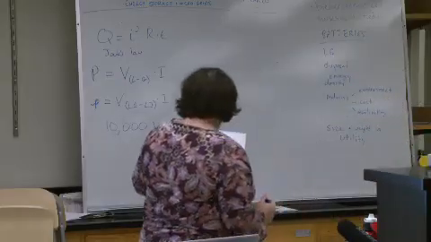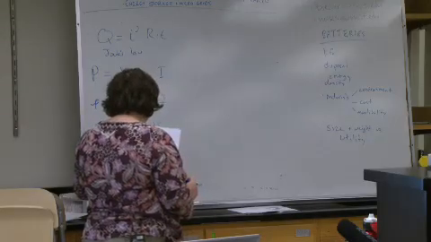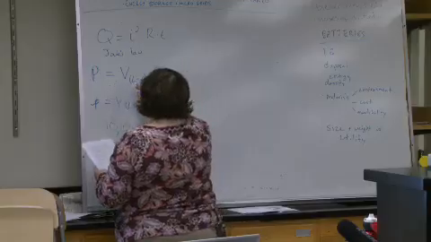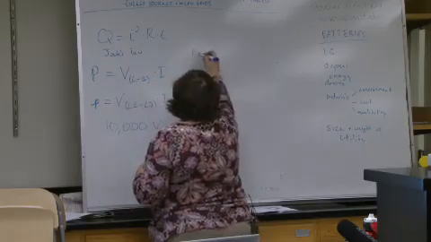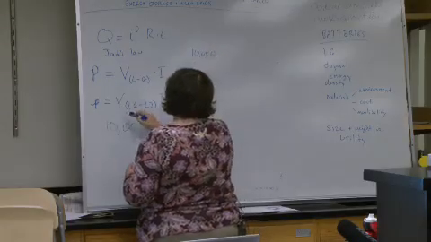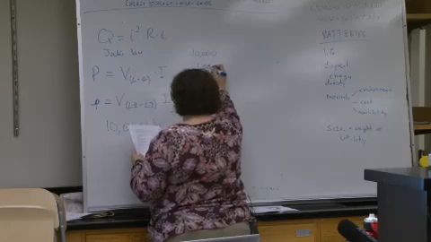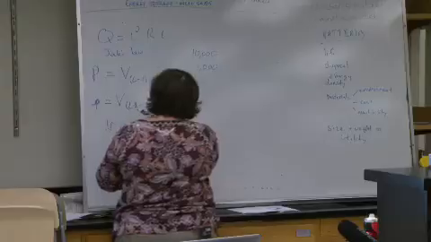Okay. So we have 10,000 volts. So the voltage here from line to ground at the power plant is 10,000. And then let's say we lose 1,000 volts across here due to line losses.